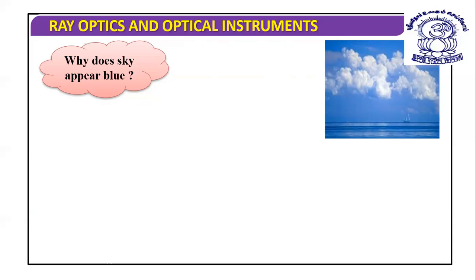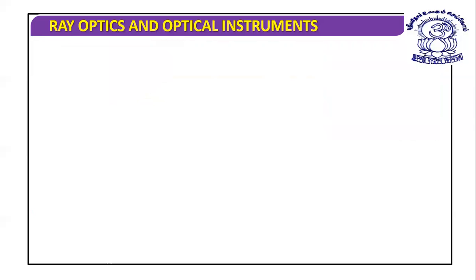So we can say that intensity of scattered light is inversely proportional to wavelength power 4. This is called the Rayleigh scattering relation, and it depends on size of molecules also. If size of molecule is very less than the wavelength of light incident, scattering is called Rayleigh scattering.